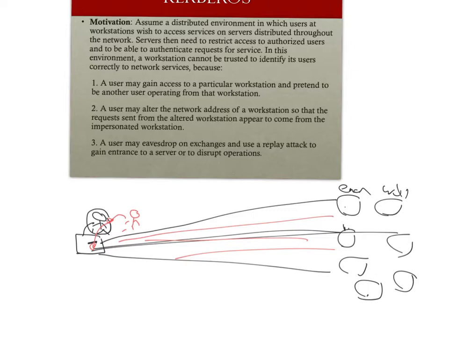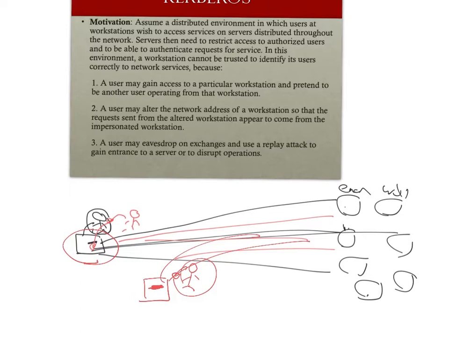Another possible scenario is that Darth, instead of using your workstation, can use another workstation. He can manipulate this workstation, assuming he can, to send requests as if it's coming from this workstation and as if he's you.